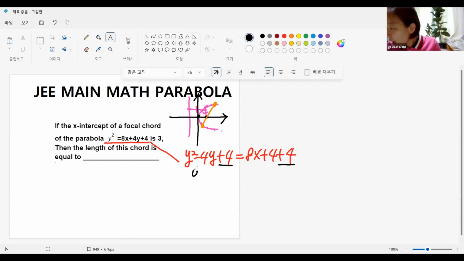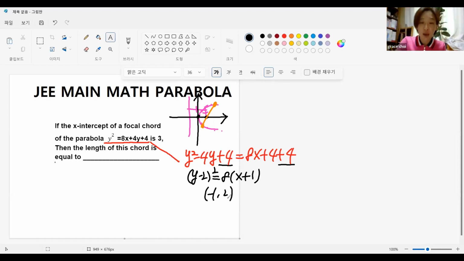So (y minus 2) squared is equal to 8 times (x plus 1). In this case, you have (-1, 2) as the vertex of this parabola. And 4a is 8, so a can be 2.